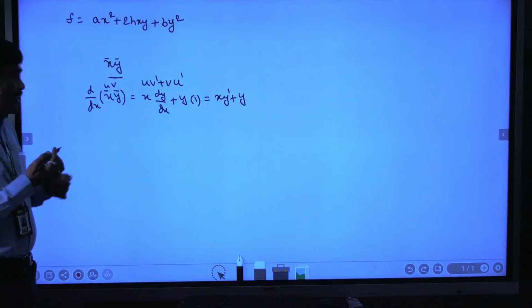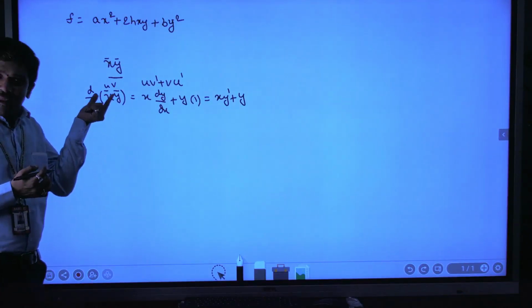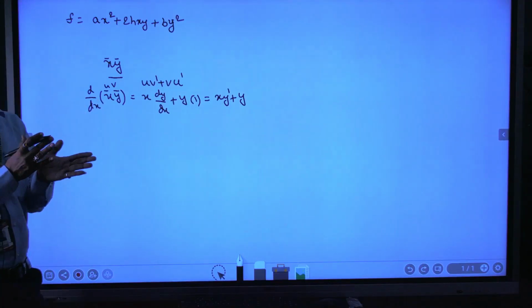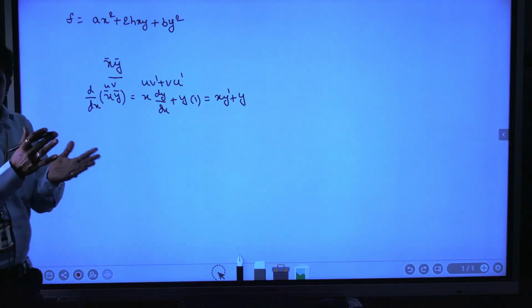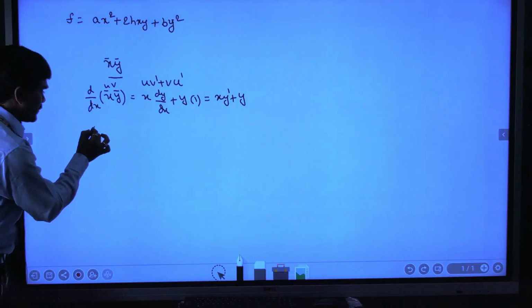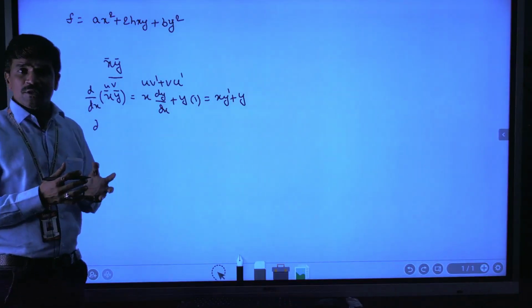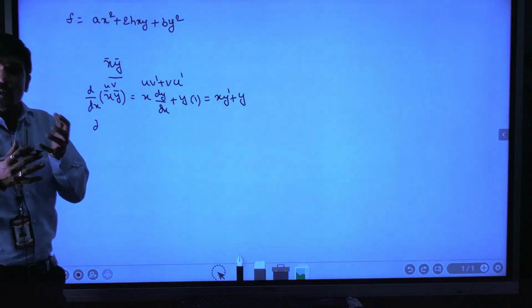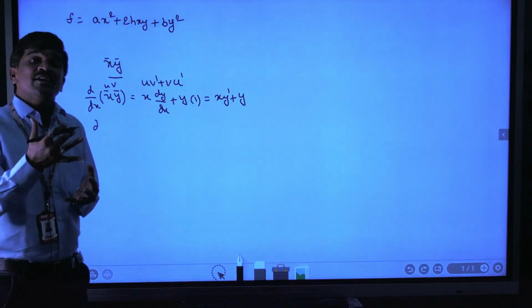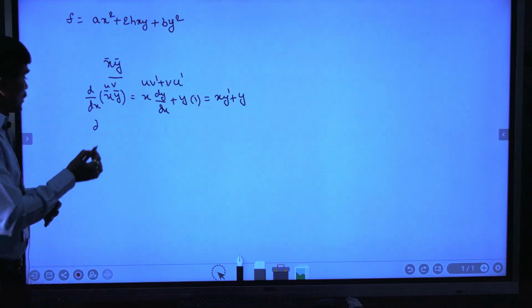Now what is the partial derivative of the same function xy? Partial derivative means part by part differentiation. By the definition of partial differentiation, when we take the derivative with respect to x, the other variable is treated as a constant.